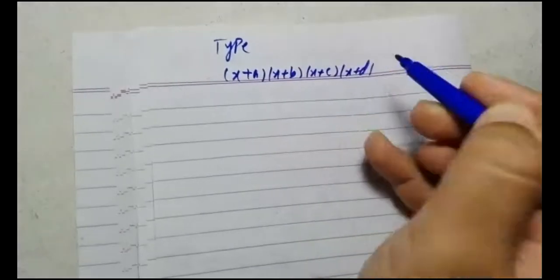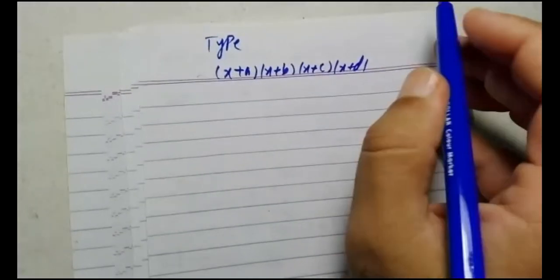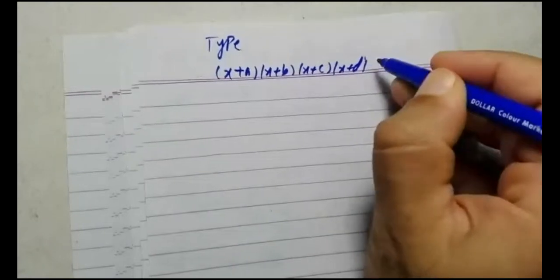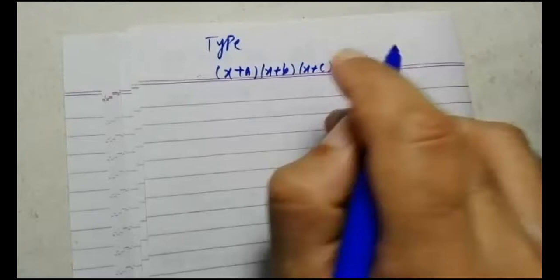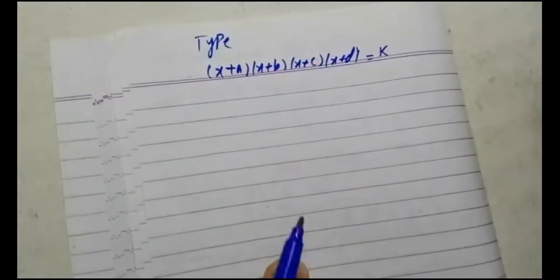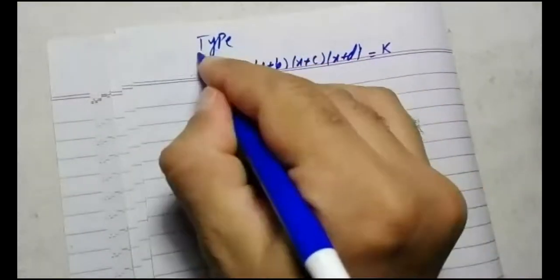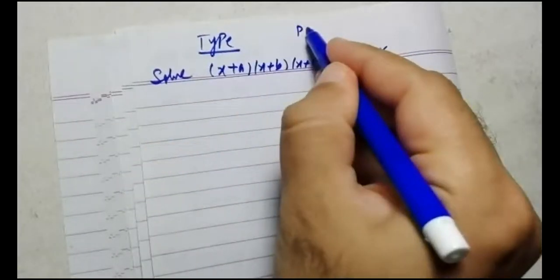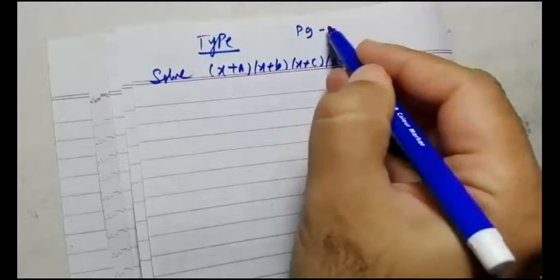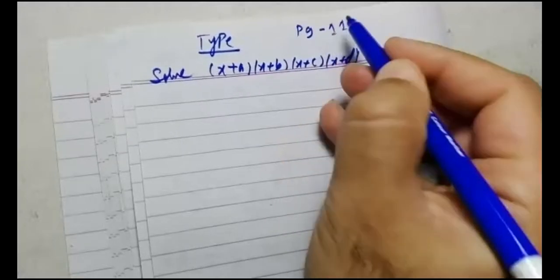You people have done this type of question in grade 9, but those were for the sake of factorization. Here it is a similar sort of question, but you have to solve it. This type of question is on page number 11, and it is the last.